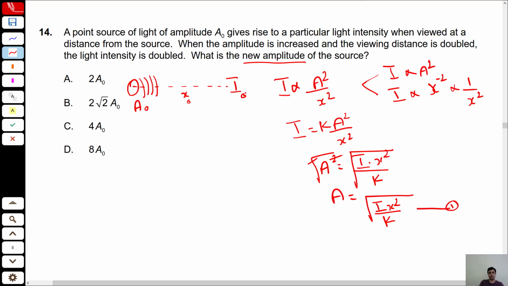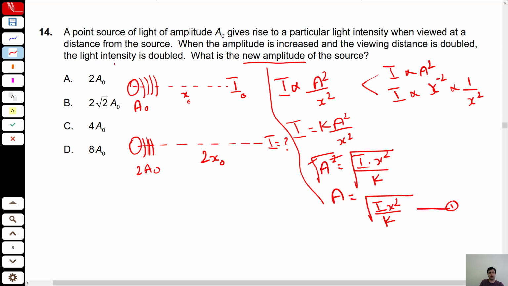And here we have some intensity I0. Now we have the same light source but with a new amplitude, and the viewing distance is double, so it's 2x0 this time. What will be the new intensity?